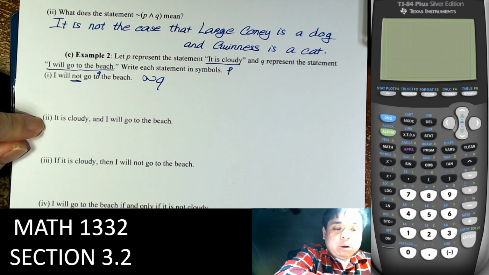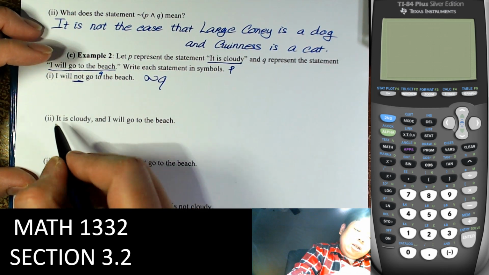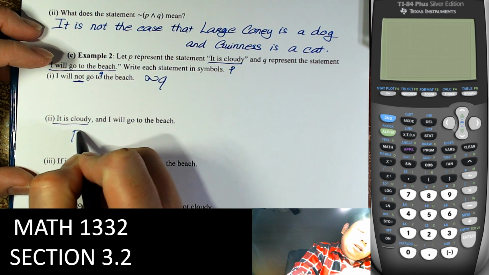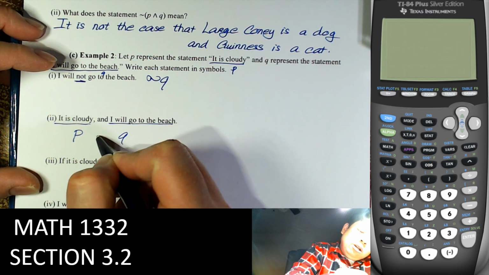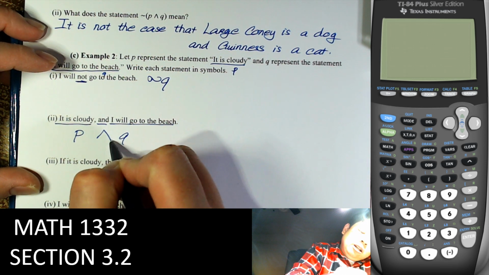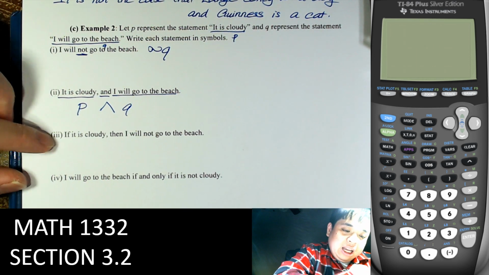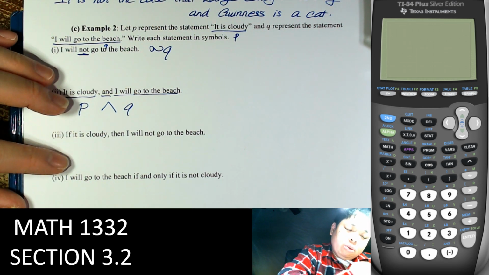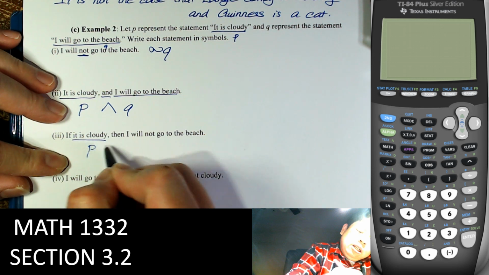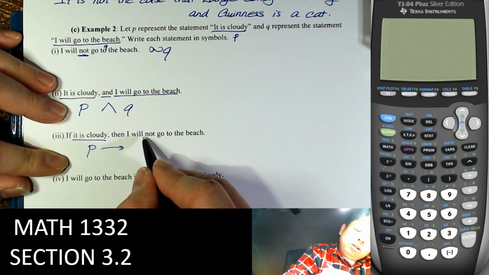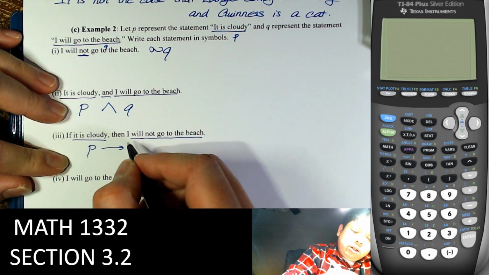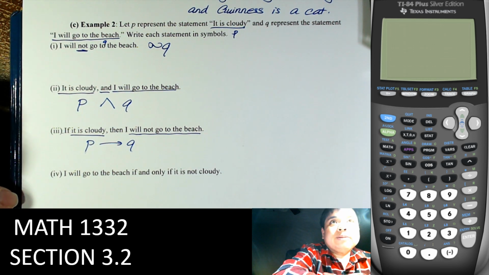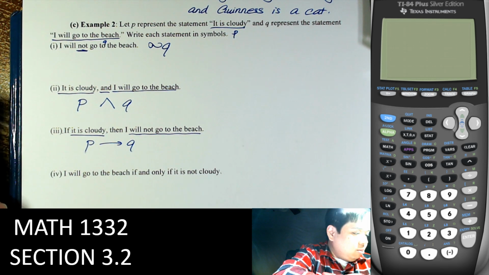It is cloudy and I will go to the beach. So this is P and Q. If it is cloudy, then I will go to the beach: it is cloudy, "if then" is an arrow, go to the beach, Q. Just like that.